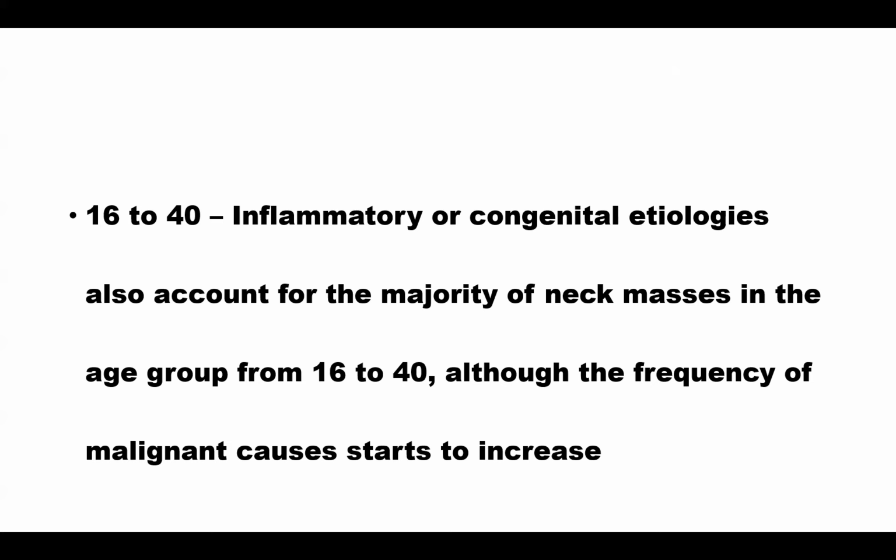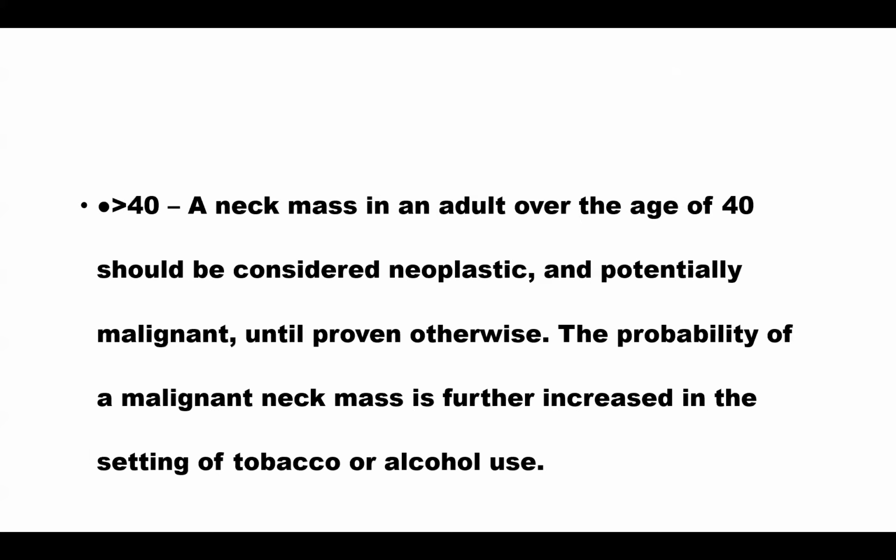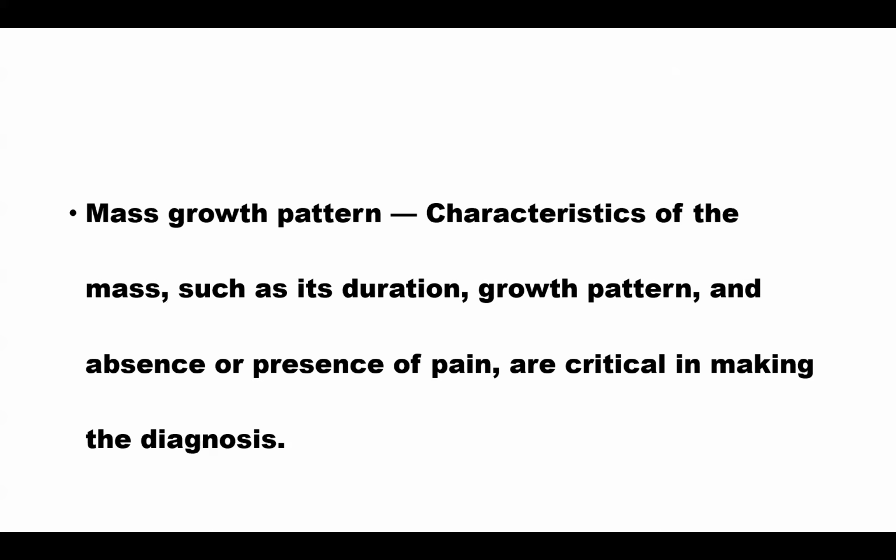16 to 40, inflammatory and congenital etiologies also account for the majority of neck masses, but above 40 suspect malignancy. A neck mass in anybody above 40 in adult, like as I said, should be considered neoplastic and potentially malignant until proven otherwise. The probability of a malignant neck mass is further increased in the setting of tobacco or alcohol abuse or use.